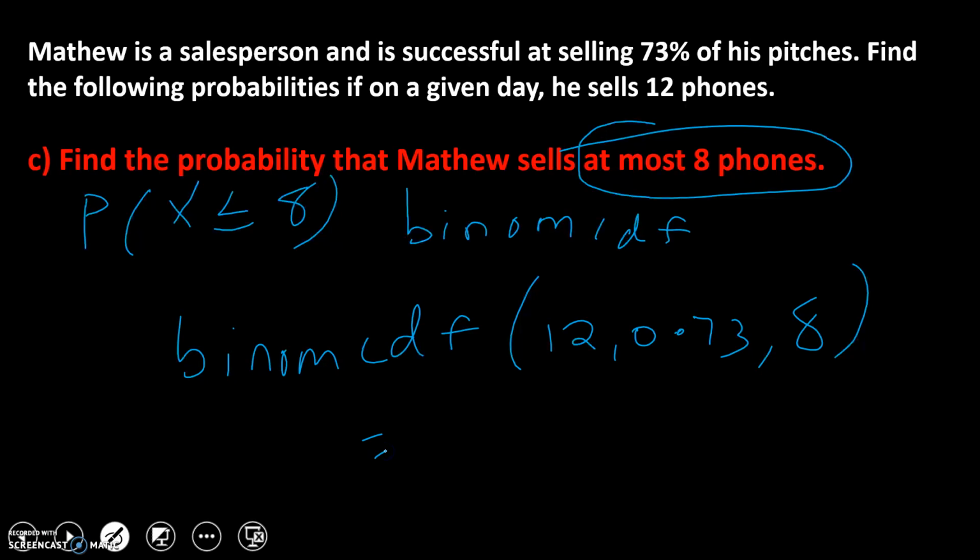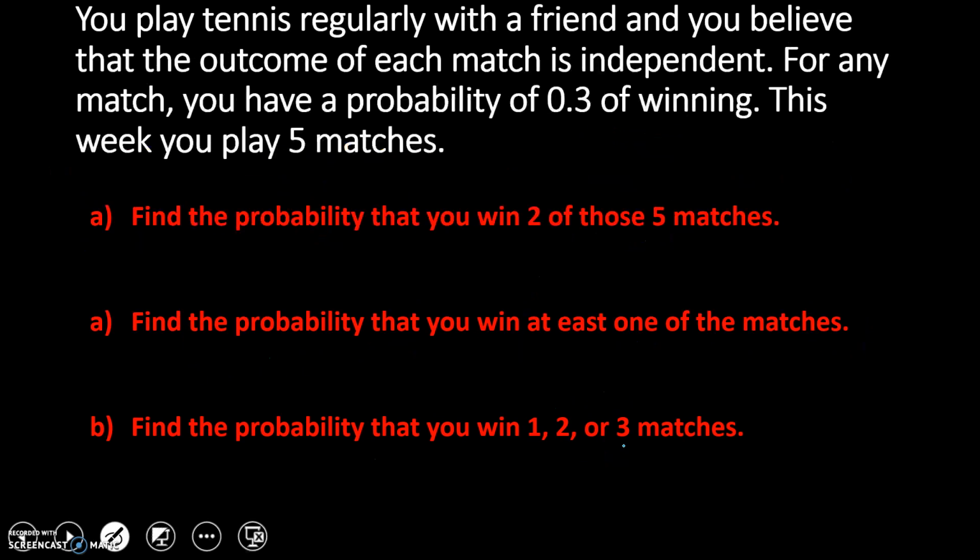Let's do our calculations again. Binomial CDF is option B: trials 12, probability 0.73, and my x value is 8. My answer is 0.4137. I recommend having 4 significant digits because that's what most teachers like to see.